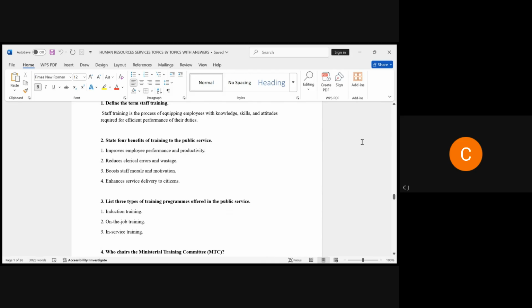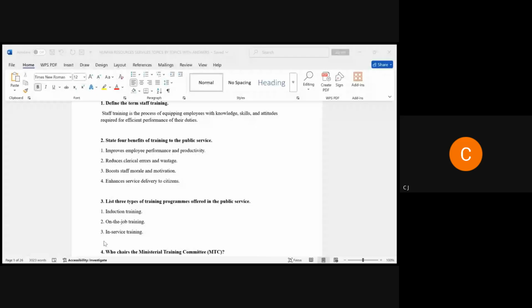Who chairs the Ministerial Training Committee? MTC. Who chairs MTC? Veronica, no. Chairperson? No. What is the chairperson called? HR? No. Check in your study notes there, principal secretary.